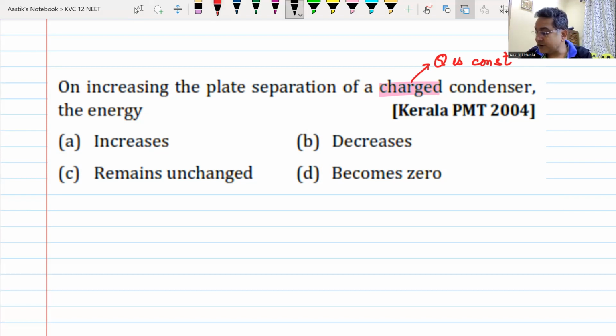Anyone knows the energy of a capacitor? Anyone knows the energy of a capacitor? Well, no one remembers the energy of a capacitor.